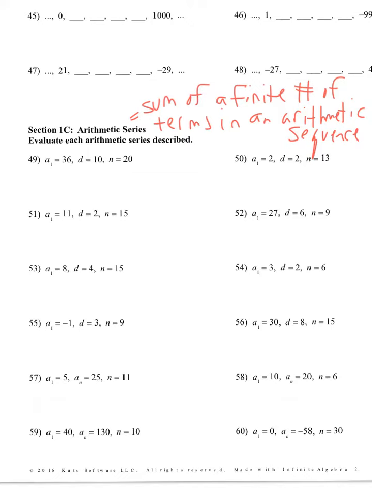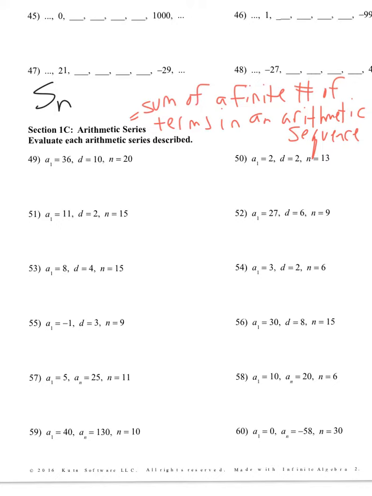Now, we have two formulas. Again, they're listed on your blue sheet based on the given information in the problem. S sub n is how I read this. That's the sum of n terms in a sequence.